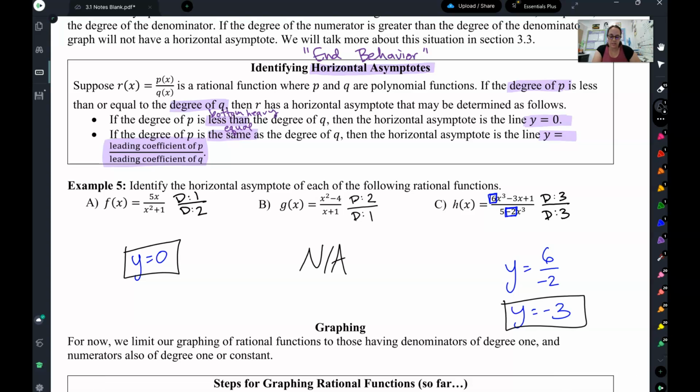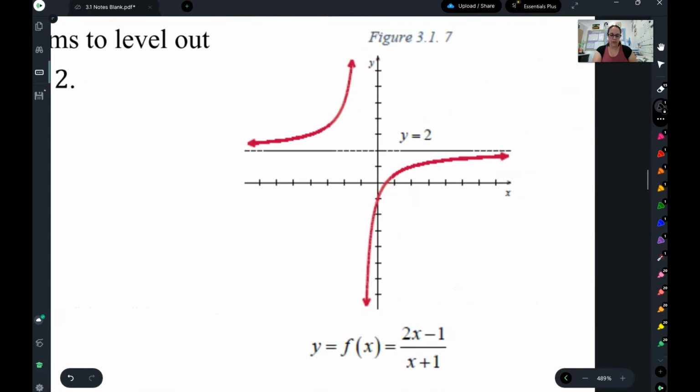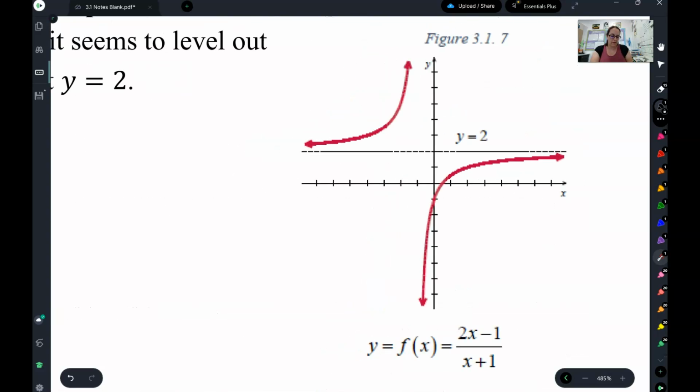So let's practice this on one example really quickly. If I come up here and I look at this example, I have this equation right here. Let's try this rule. First, we look at the degree on top and bottom to know which rule to use. So the degree on top, biggest exponent is a 1. Degree on bottom, biggest exponent is a 1.